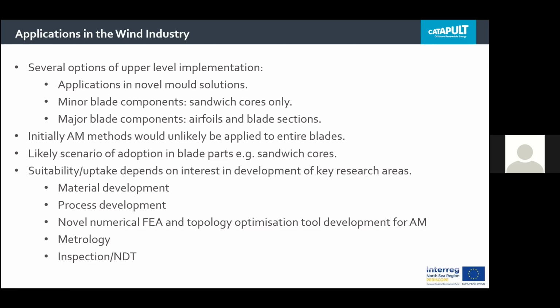I think Mark's going to be talking a bit about the sandwich cores in his slides later on. And then potentially much further down the line, you could be talking about major blade components made from AM, so entire sections and airfoils made out of additively manufactured thermoplastics.